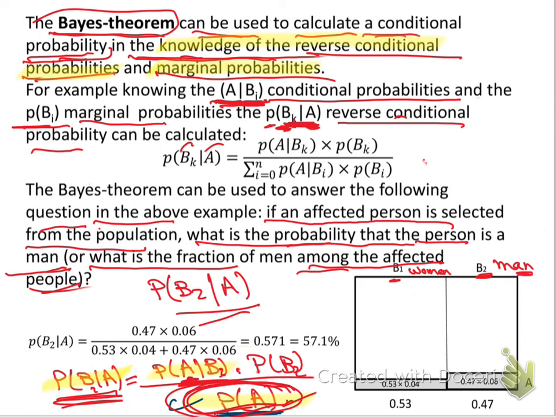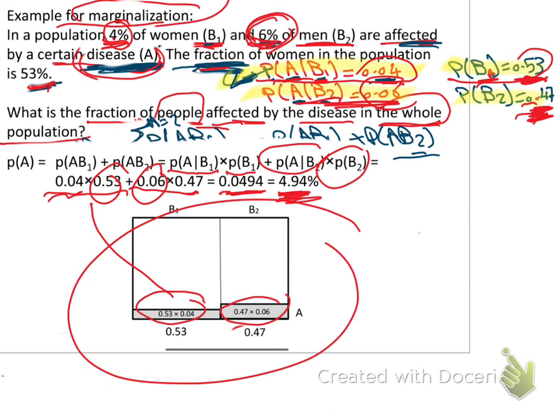So the probability of a man who's affected was 0.06. So I can write it here, 0.06. The probability that he's affected, given that he's a man, is 0.06. This was in the previous example.